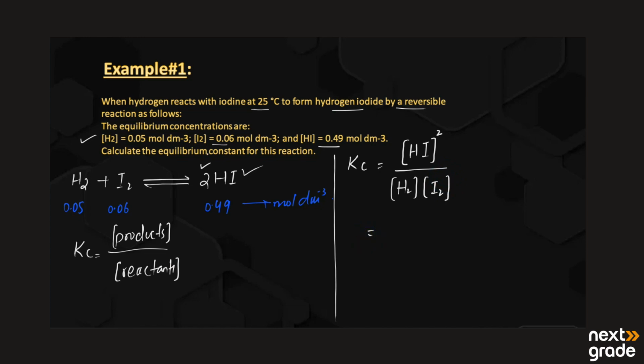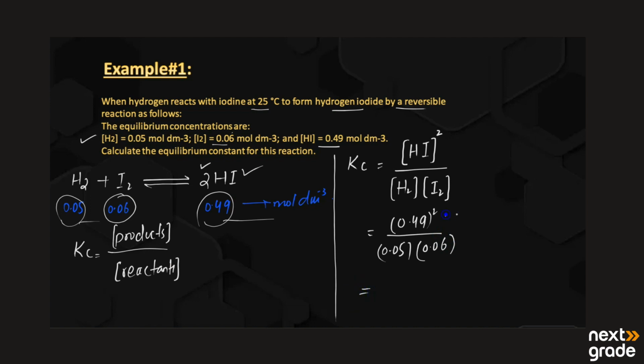Now by putting in these values we can find the value of Kc. So hydrogen iodide, its concentration is 0.49, and its square. Next we have hydrogen, 0.05, and next we have iodine, 0.06.